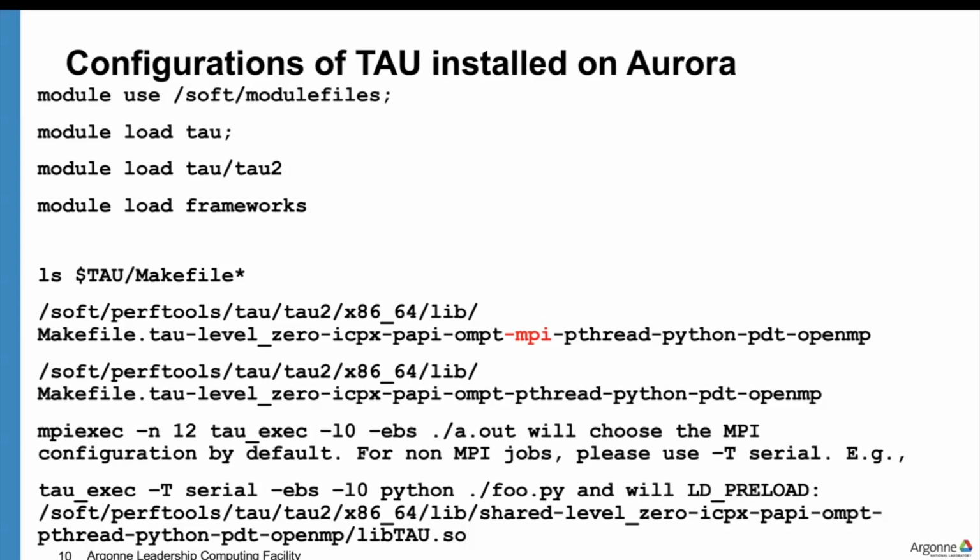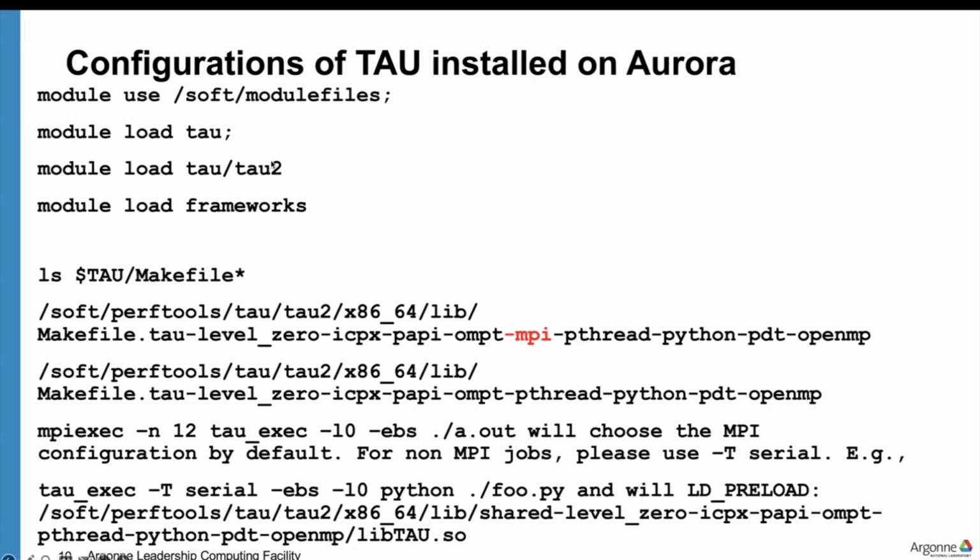You can use the OpenMP tools interface with MPI, without MPI, and there are many new features that you may want to see. So for this workshop, we'll use two separate steps of loading Tau. And then you must load the frameworks module to get CMake and Python and other AI tools in your environment.